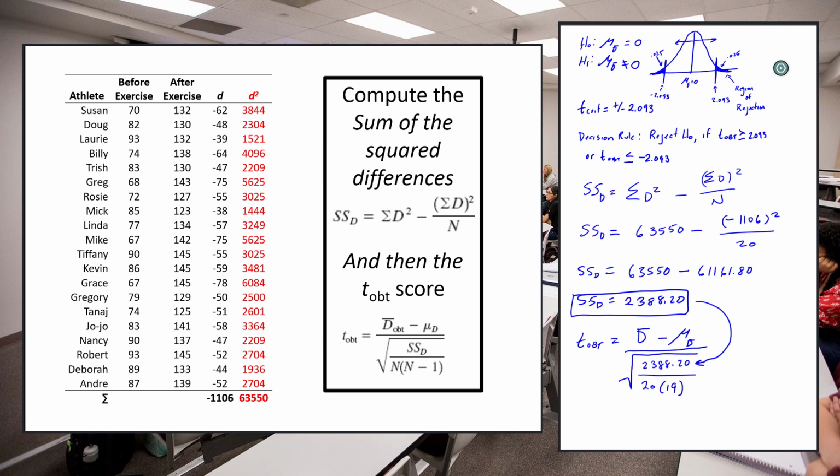Okay, and so this is going to give us 55.3, and then minus 0, but that doesn't really do anything.